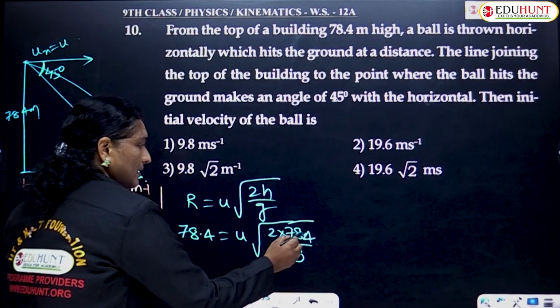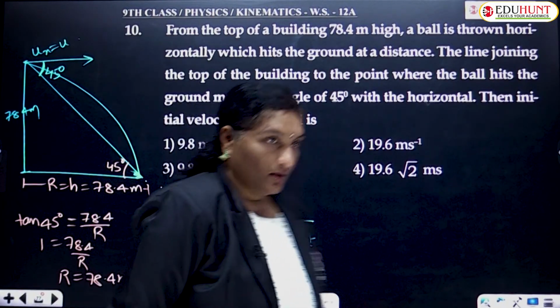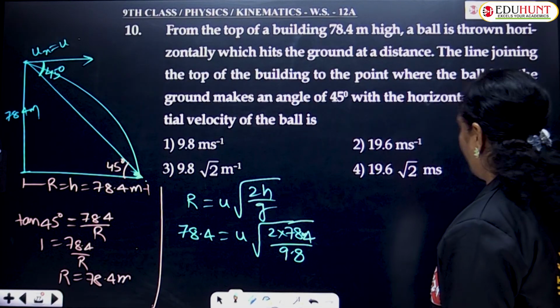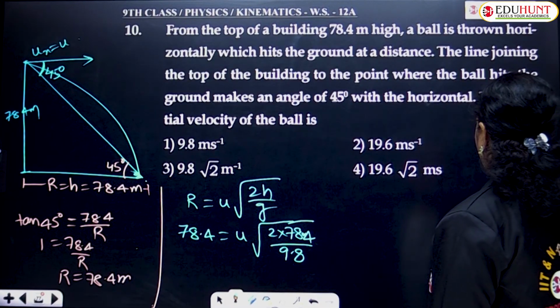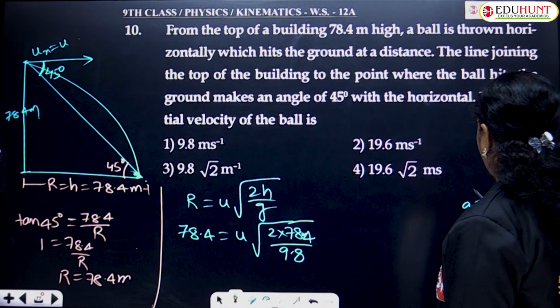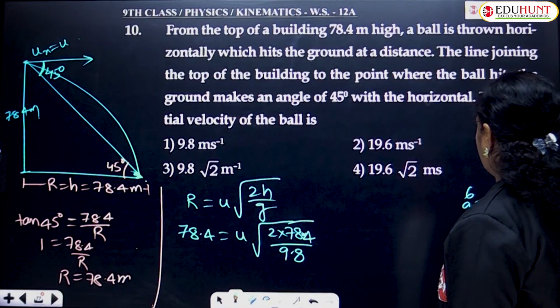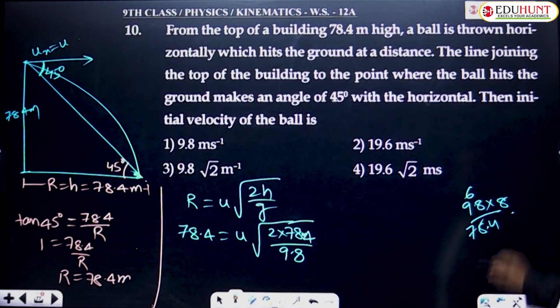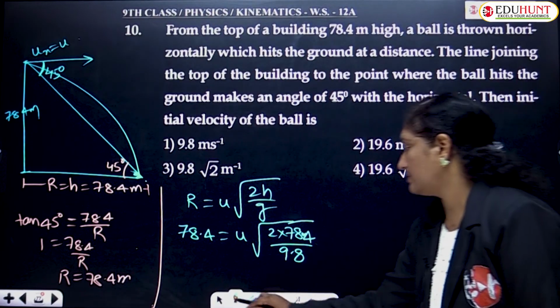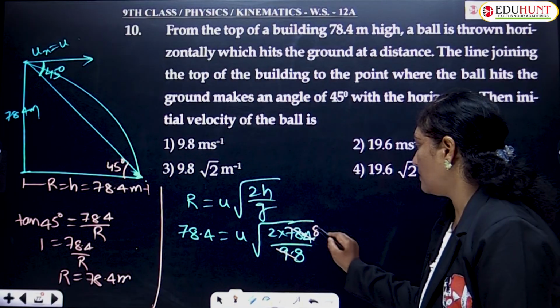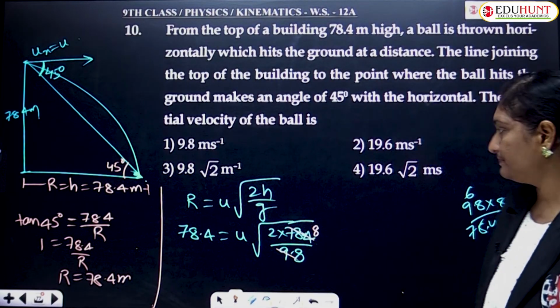Is that okay? Well, 9.8 into 8, if you do it, we get 78.4. So simplifying, 9.8 goes here 8 times.